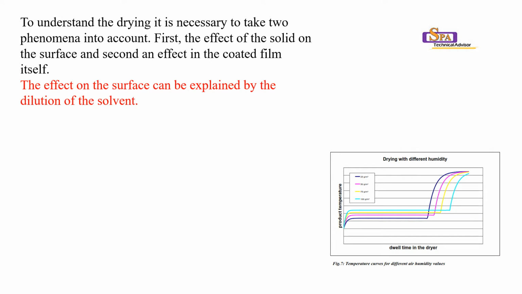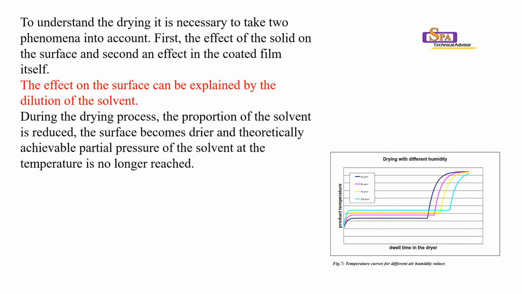The effect of the surface can be explained by the dilution of the solvent. During the drying process, the portion of solvent is reduced, the surface becomes drier, and the theoretically achievable partial pressure of the solvent at the particular temperature is no longer reached.